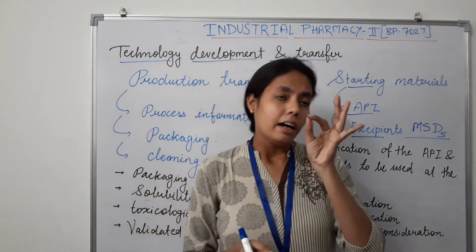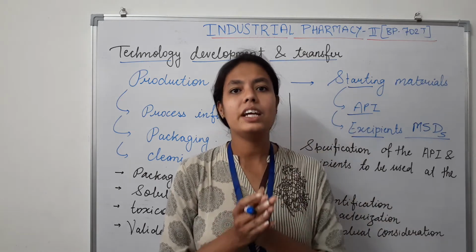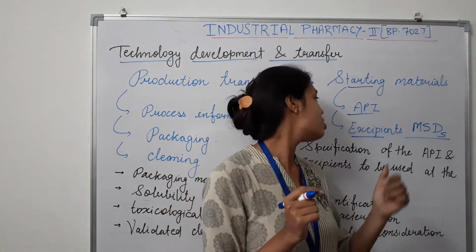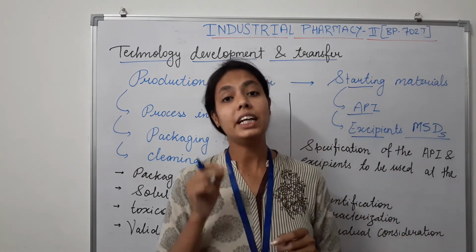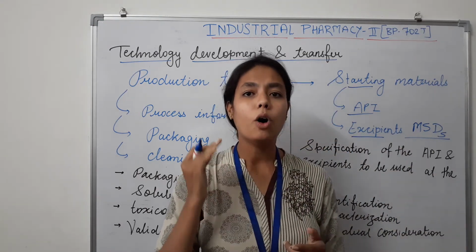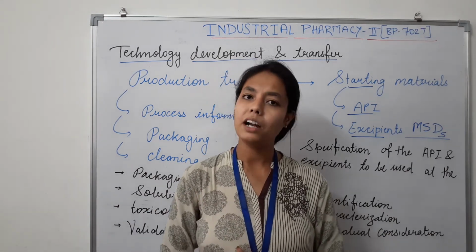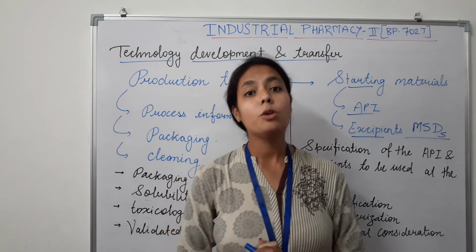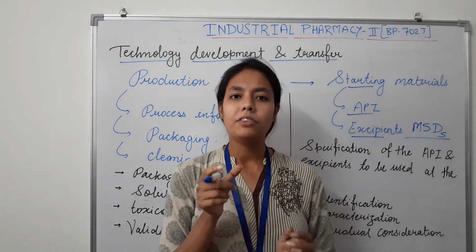After that, melting point range of the excipient, and pH range should be determined for the particular product which is intended for parenteral use or topical use or transdermal drug delivery system. Apart from that, ionic strength must be determined for the parenteral dosage form.